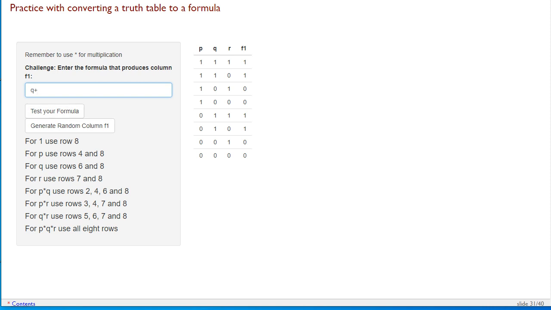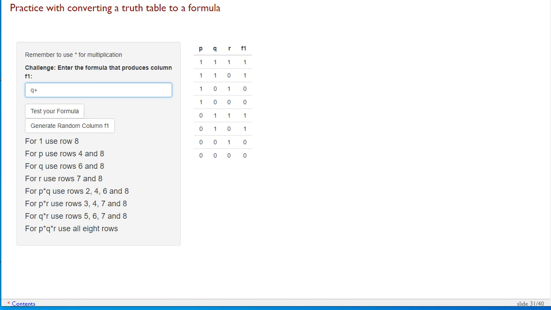For R, we look at where P and Q are both 0 and get a 0. For P times Q, we look where R is 0, 1, 0, 1, 0. That's another nice coefficient of 0.